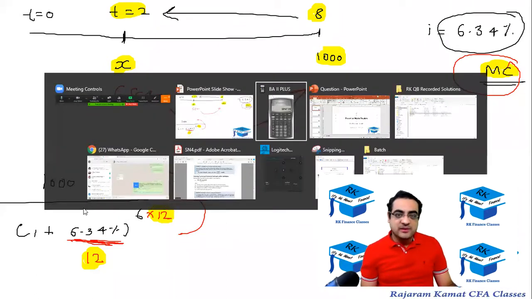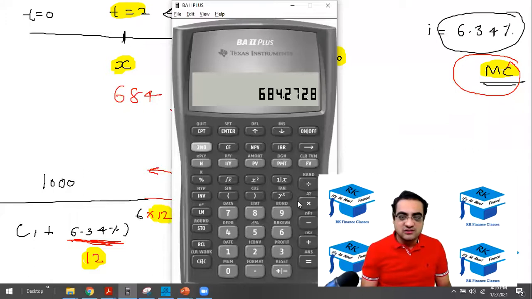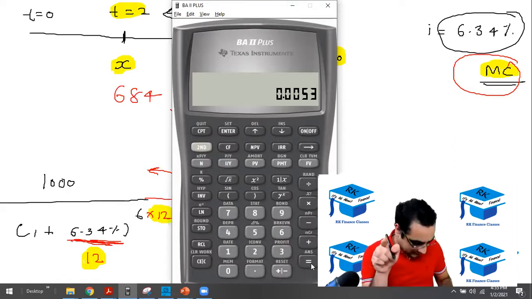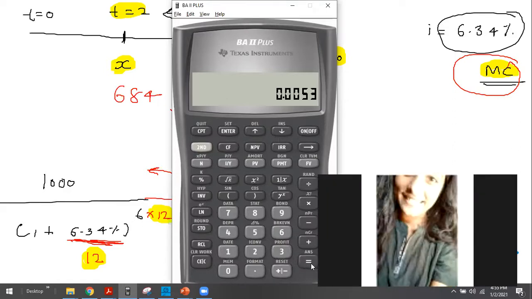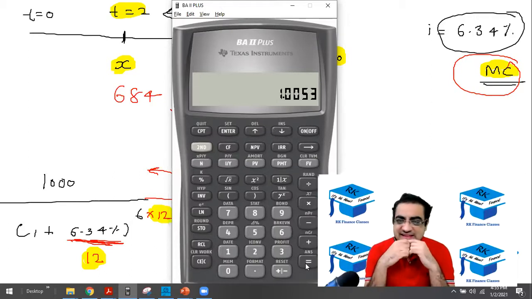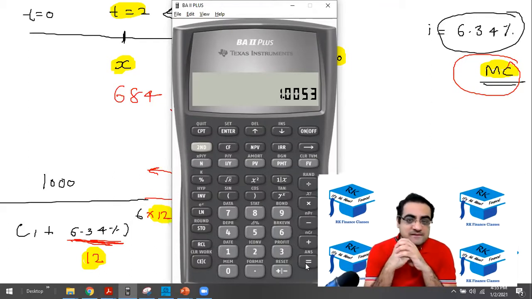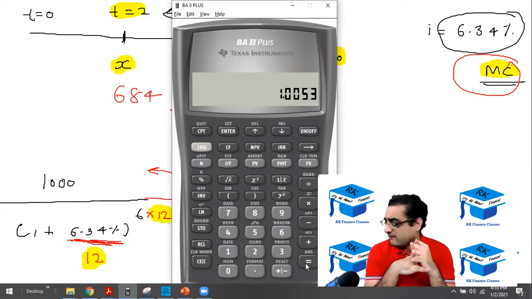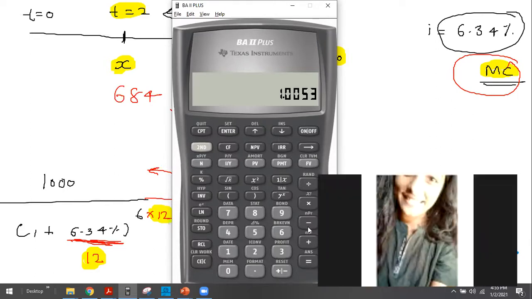Just do the steps along with me. Just say whether it's clear or not. 6.34% divided by 12 equal to, are you at this step? Yeah. Okay, do plus 1 equal to, done. 1.0053 done, Anjali? Yeah. Okay, press raise to, bracket open.